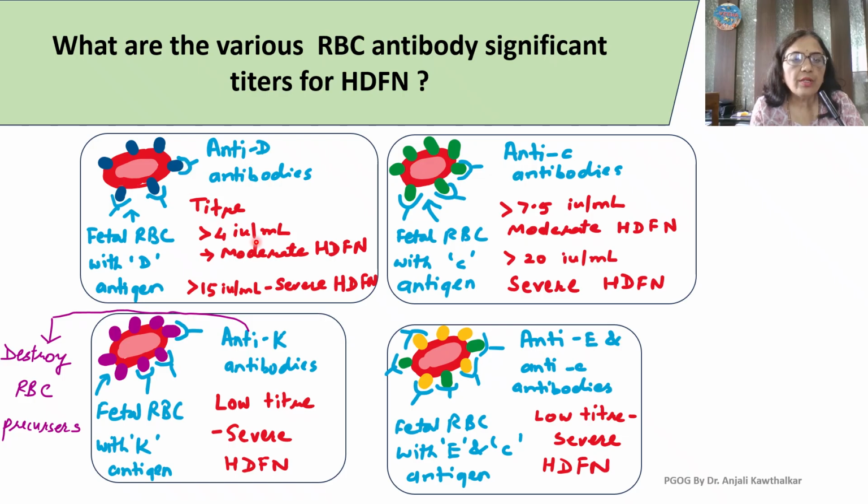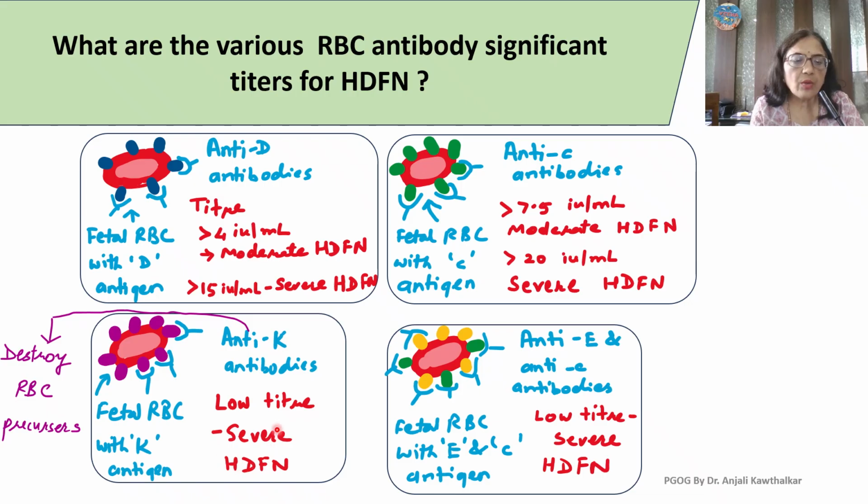Titer greater than 4 international units per ml indicates moderate risk of hemolytic disease of fetus and newborn, whereas greater than 15 international units per ml indicates severe risk of HDFN. Anti-C antibodies greater than 7.5 international units per ml indicates moderate risk and greater than 20 international units per ml indicates severe risk. Anti-K antibodies, irrespective of the titer, can cause severe HDFN.